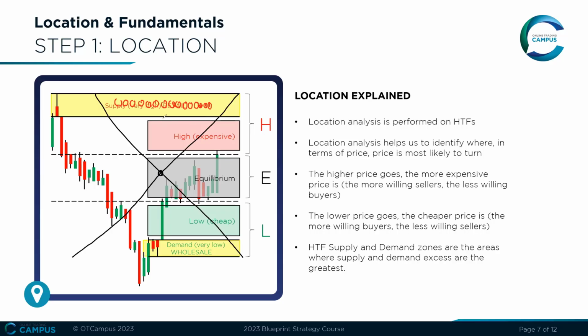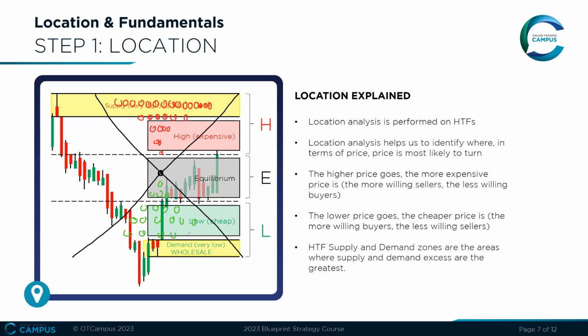There's a lot of people that want to offer to sell something because it's so astronomically expensive. And the higher price goes, just naturally, the more willing sellers you'll find, right? And vice versa, the lower you go, the more willing buyers you'll find.